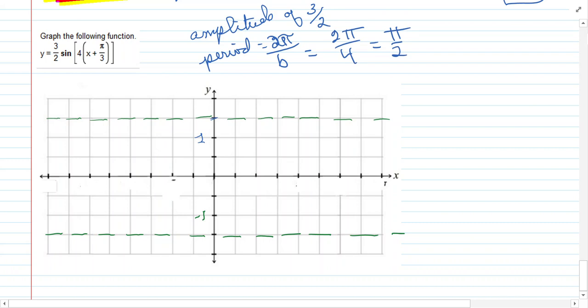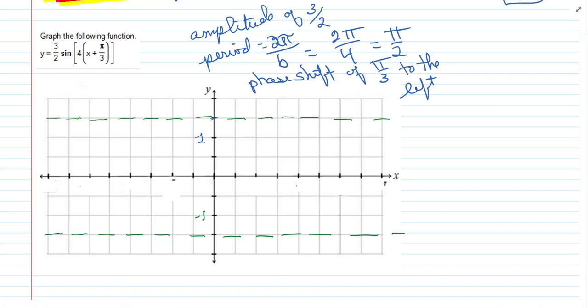And then I have the phase shift of pi thirds to the left. Because it's positive, we're going to the left. So we're moving everything pi thirds, with a period of pi halves.